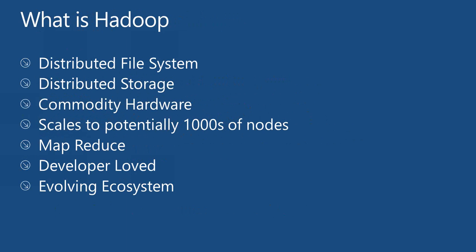It scales to potentially thousands of nodes. It's meant to be run over commodity hardware, so you're not meant to buy the big boxes and keep plugging those in. You're meant to buy relatively cheap hardware, and it's meant to fail. And you just whip it out, plug it into the fabric, and you've got another node, another node, another node. I think Facebook has got something like a 4,000 node cluster and more.